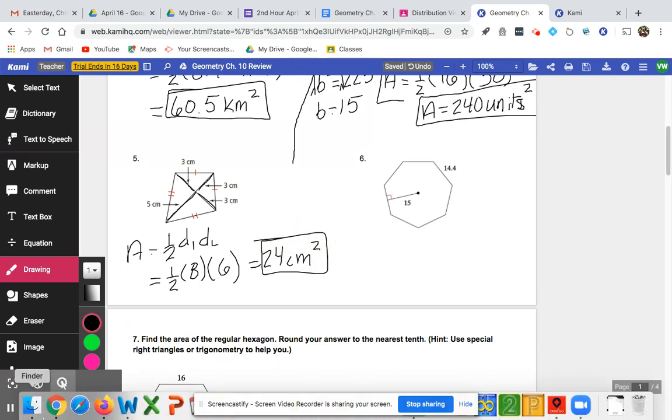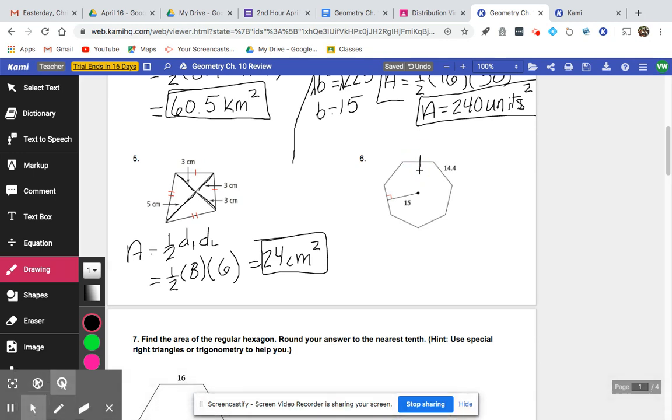Here, what do we got? We got 1, 2, 3, 4, 5, 6, 7. We've got a heptagon. This is going to be a regular heptagon. So remember, the area for a regular polygon, 1/2 times the apothem times the perimeter. Luckily, we can find both with relative ease.